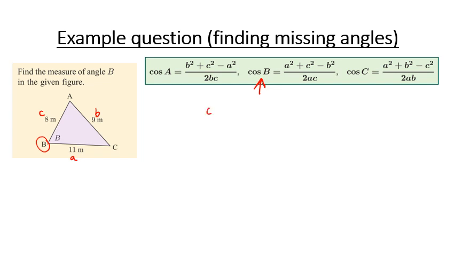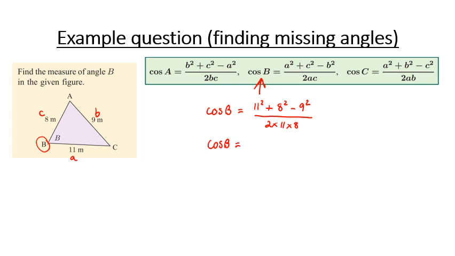So we've got cosine of B is equal to a squared, which is 11 squared, plus c squared, which is 8 squared, take b squared, which is 9 squared, all over two lots of a, which is 11, times c, which is 8.